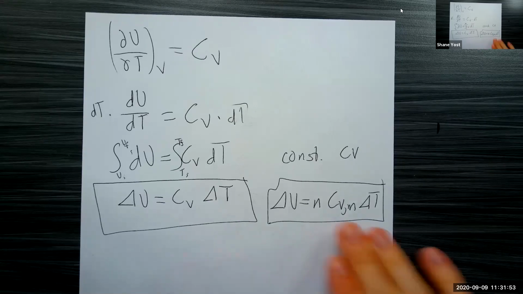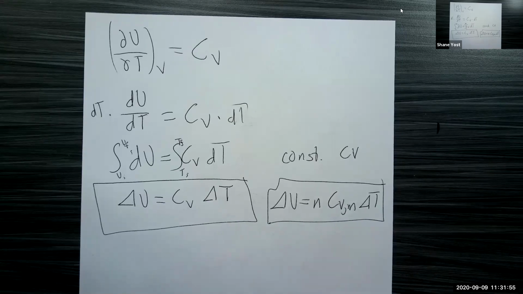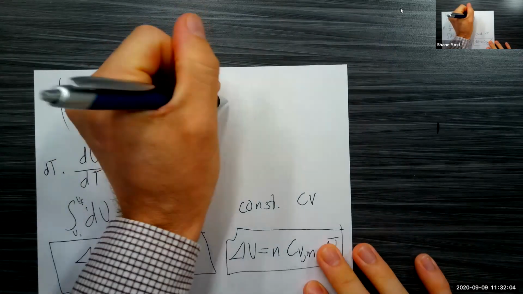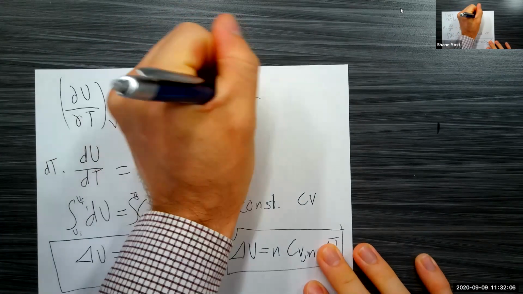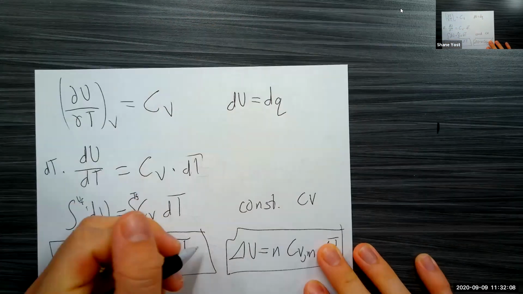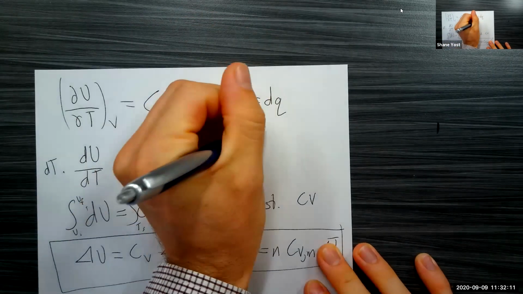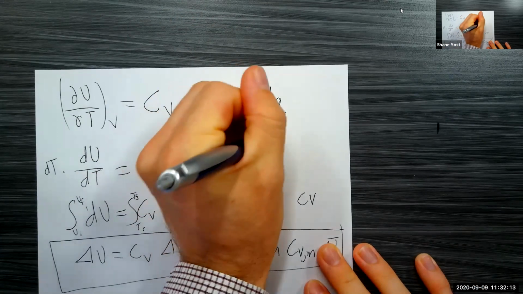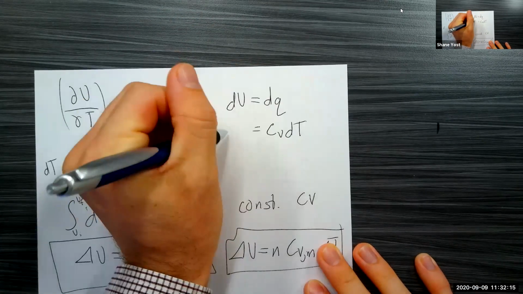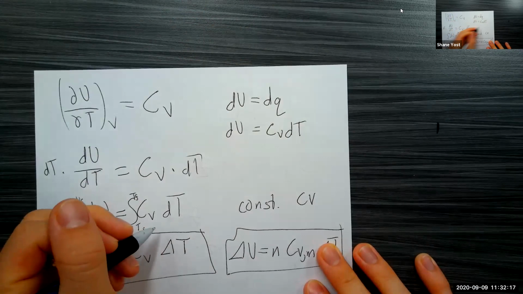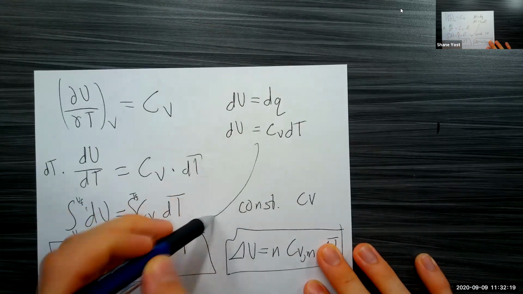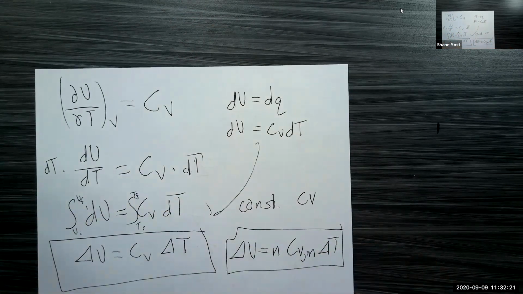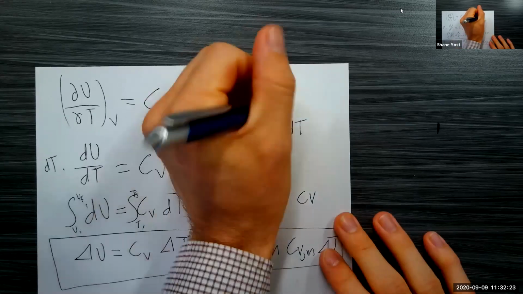Questions about how I got this equation? You can also get at this equation from one of the first slides you saw: dU is related to dq. And under constant volume conditions, dq can just be related to C_V dT.